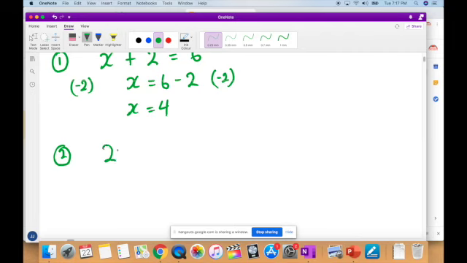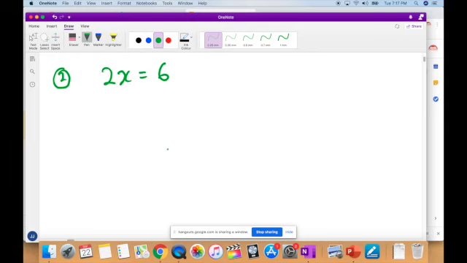2x is equal to 6. Solve for x. If you transpose the 2, but since it's multiplication, it's going to division.